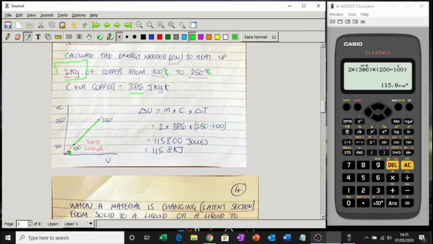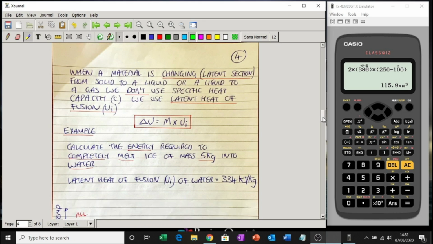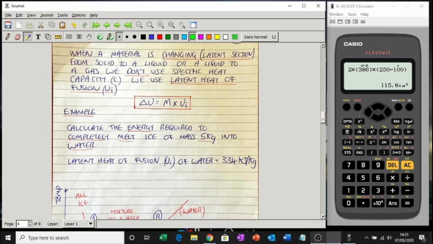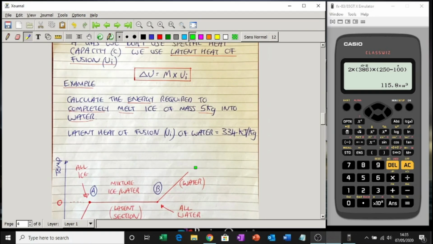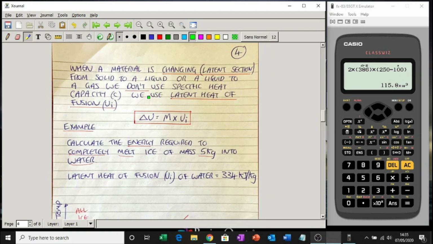It's always handy to draw the graph so you know where you are. You haven't got to draw the graph, but it makes sense sometimes. Now, like we said, this is when the bonds are broken. So when we get a flat section here, we get something called latent heat. We get different values.